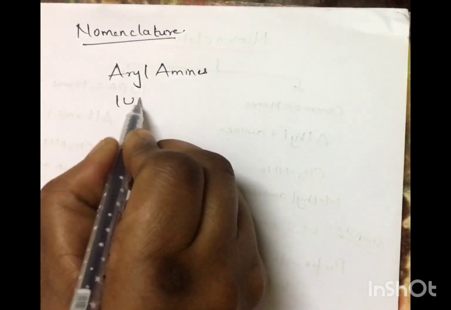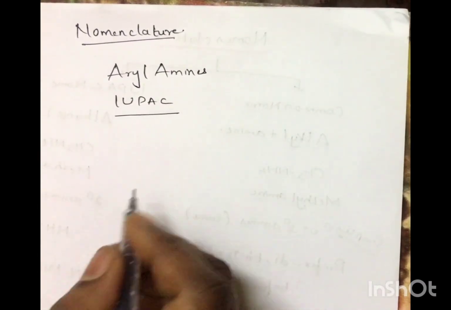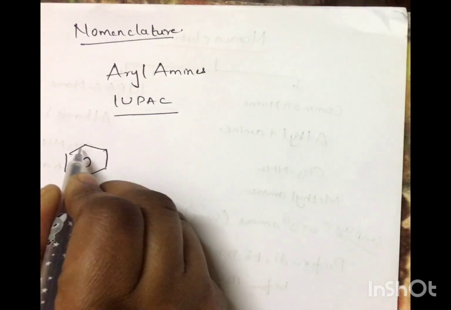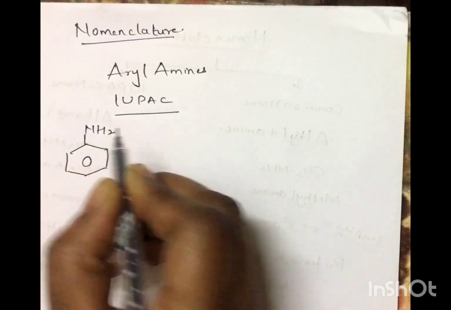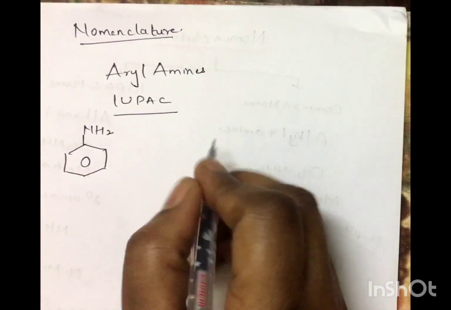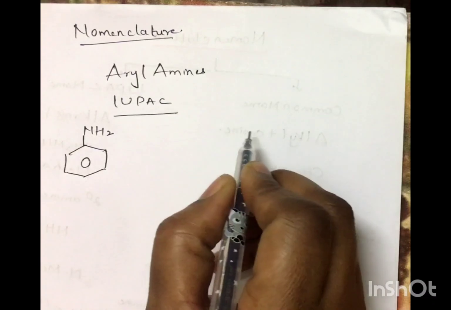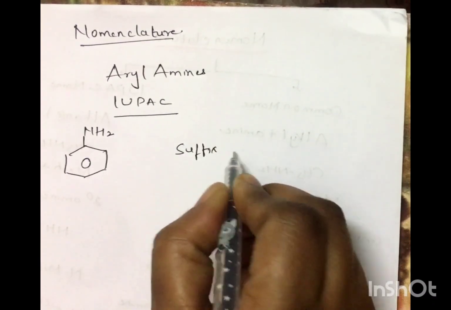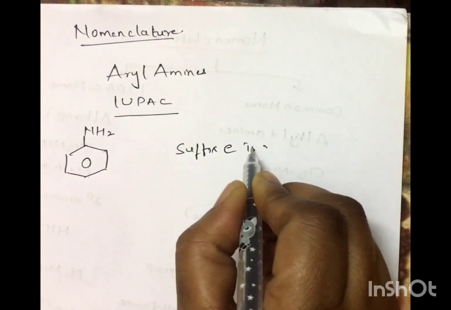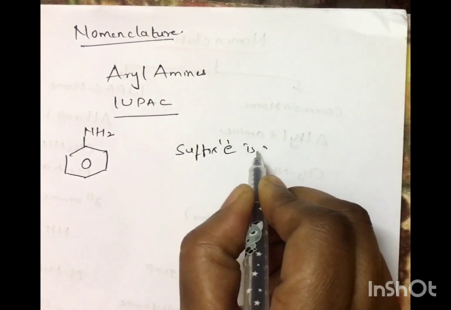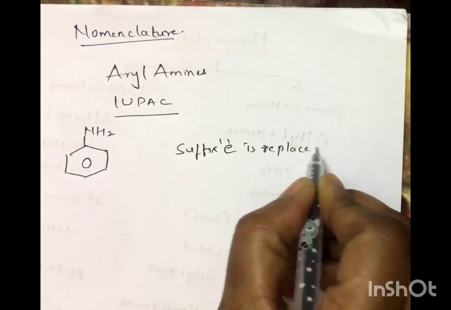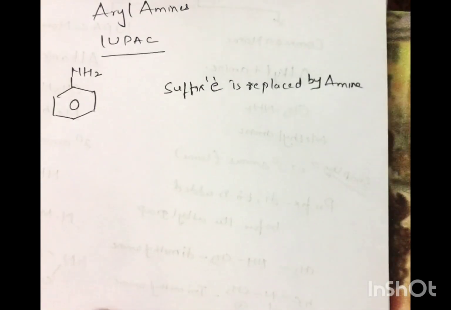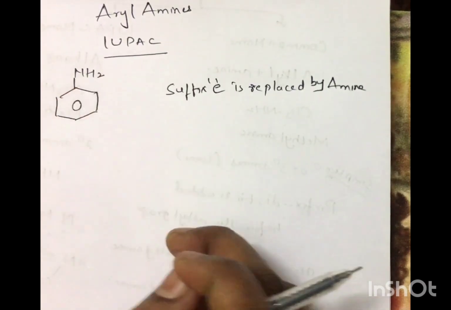In the IUPAC system of naming compounds, when an amine group is present on a benzene ring, from the respective alkane we remove the suffix E and replace it with amine. Here is a benzene ring on which NH2 is present.